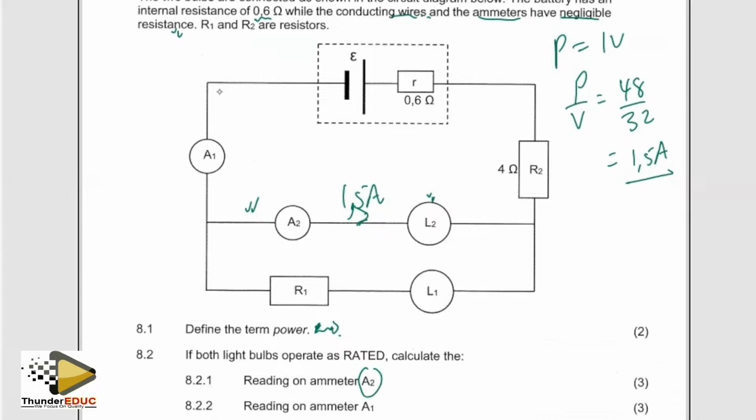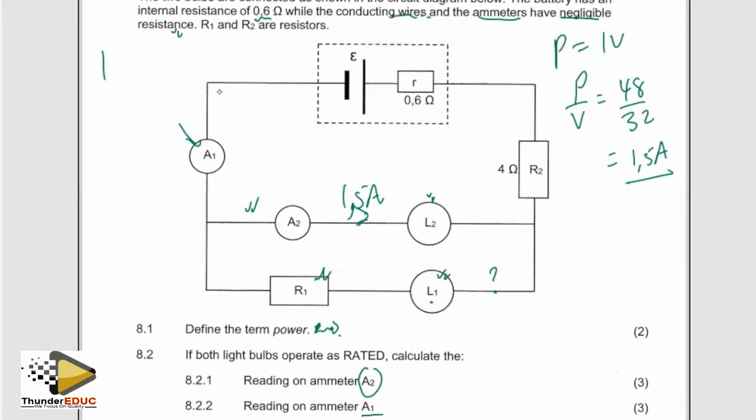8.2.2, they want us to get the ammeter reading A1. Looking at the connection of A1, this ammeter is reading the total current within the circuit. If I can find the current passing through this bulb, the current between this bulb and R1 is going to be the same current. Then I'll add the two values to get my total current.